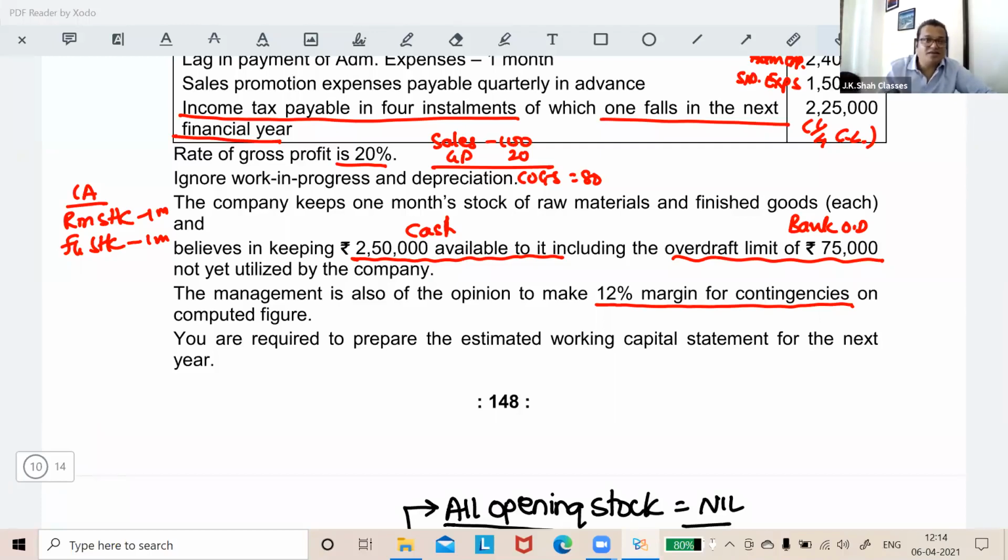Why? Simple. Debtors are to be valued at sales, so why should I bother about my cash cost? Look into the solution. For domestic, we have taken 1,80,000 as sales, and for export, 36,000 is the sales. I'm talking about question 4.